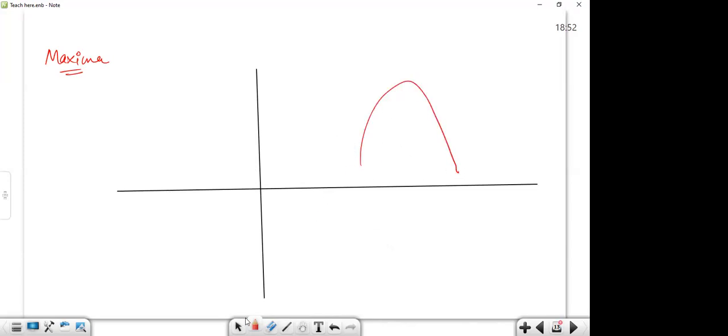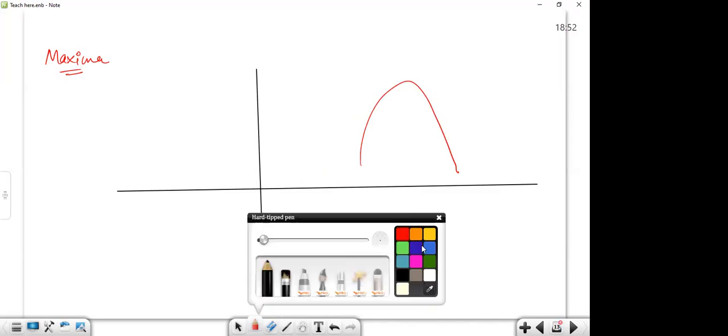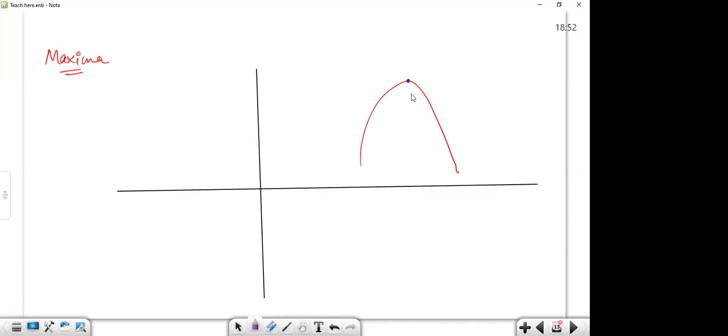Let's say this is a parabola, and this is some point C, and let's take another 2 points. Let's take an interval between A and B. So from observation only, there is a local maxima, and let us consider this function is also proceeding further on this side.